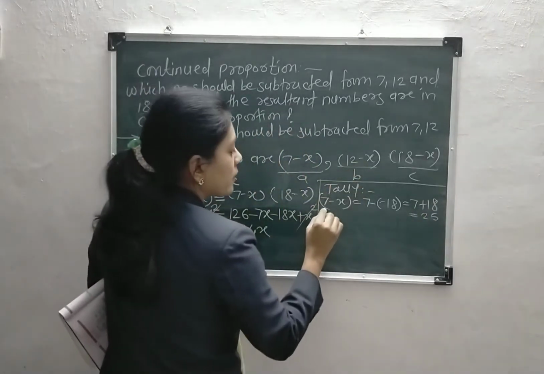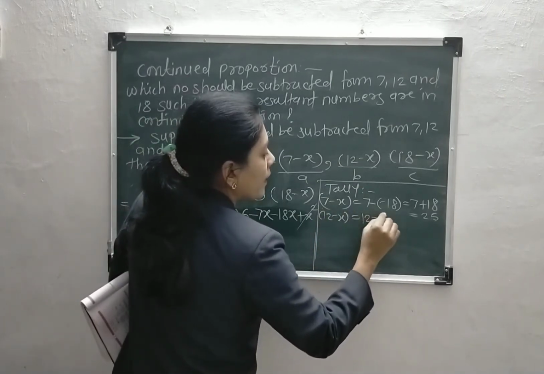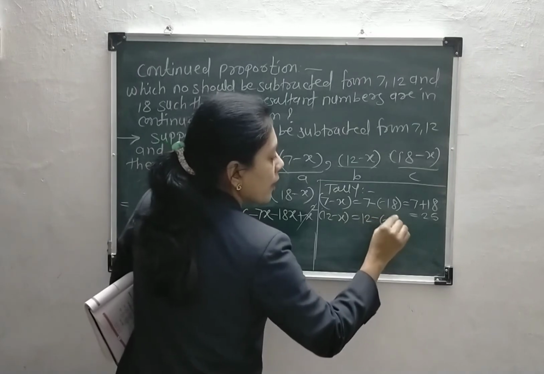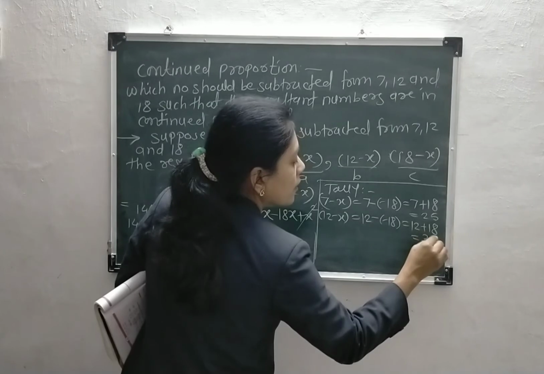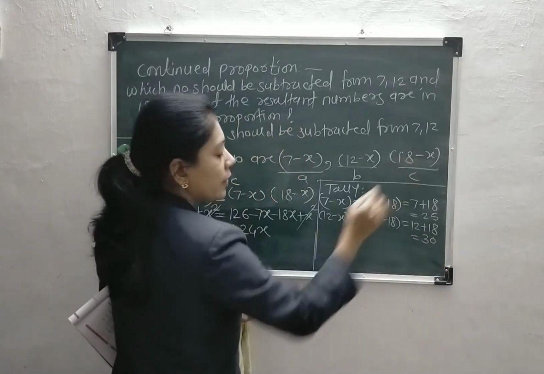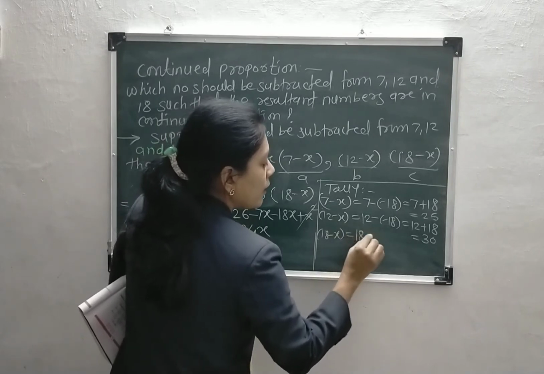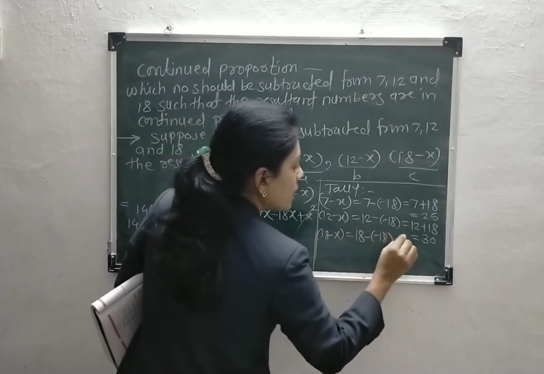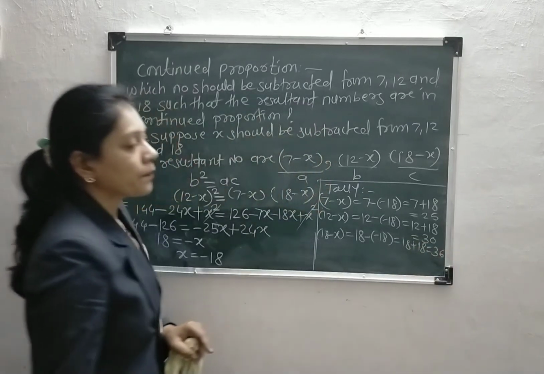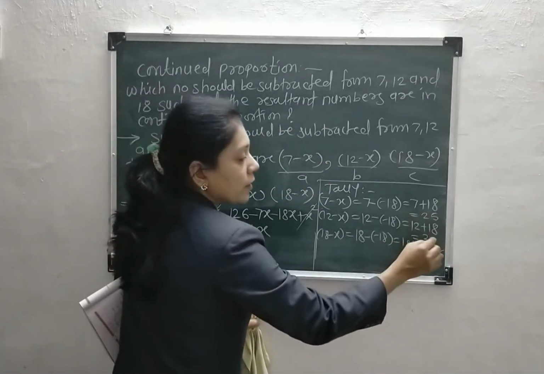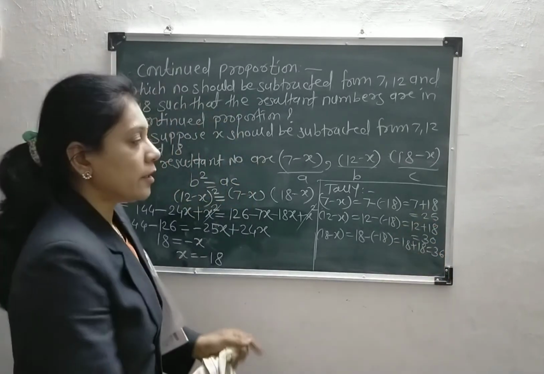Then 12 minus x: 12 minus minus 18 means 12 plus 18, which is 30. And the last one is 18 minus x: 18 minus minus 18 means 18 plus 18, which is 36. So 25, 30 and 36.